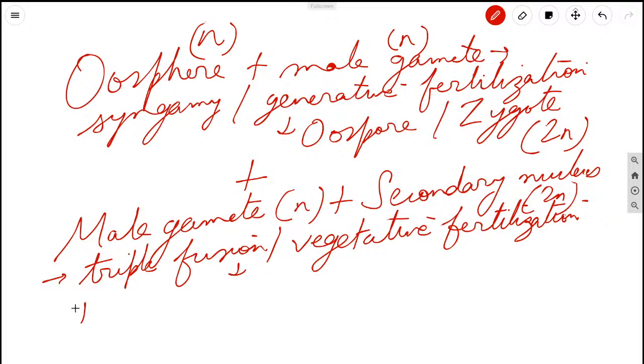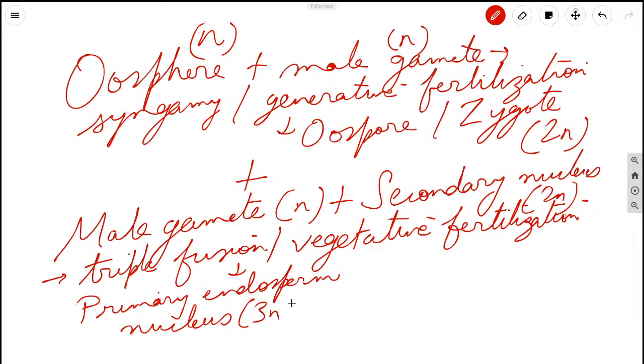This gives rise to the primary endosperm nucleus, that is 3n.